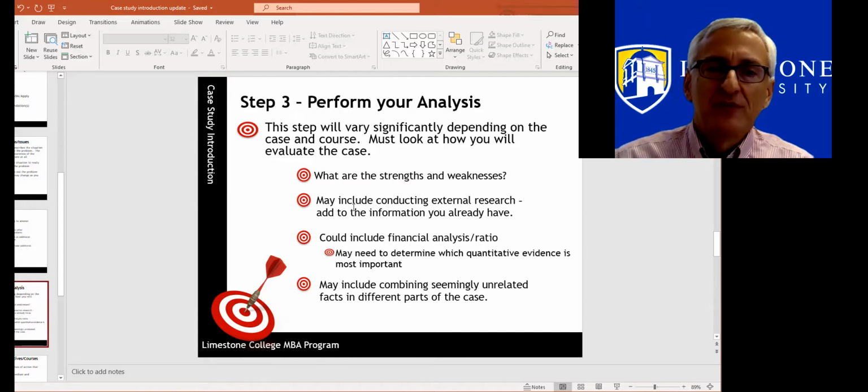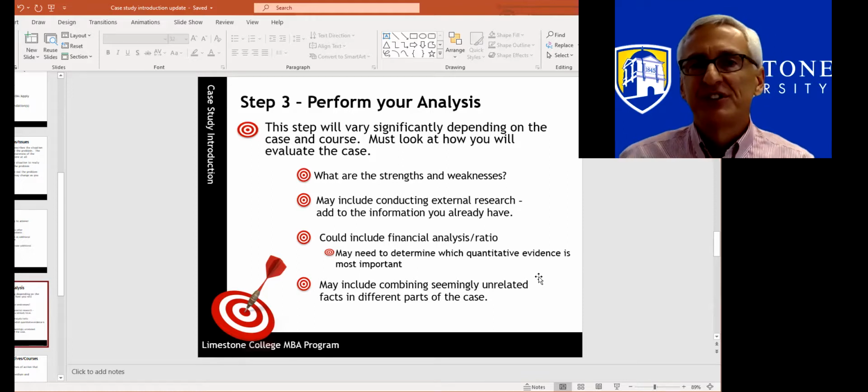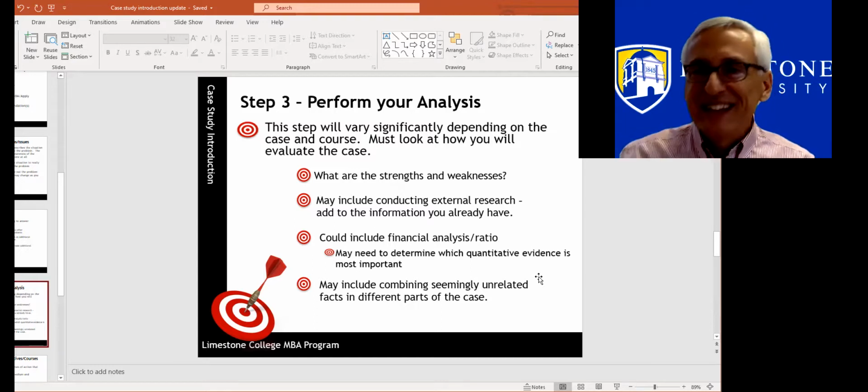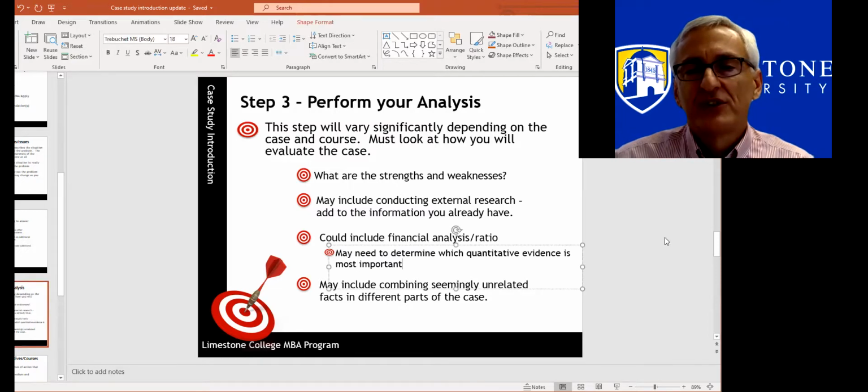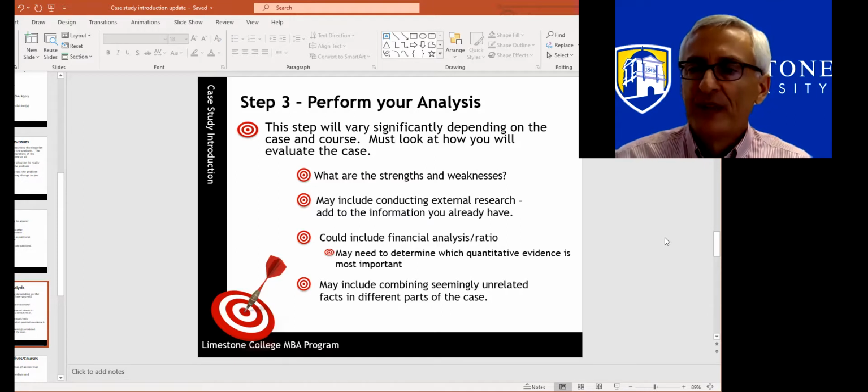Again, it might require some external research, meaning searches of that company, searches of what other companies in the industry are doing, things like that. The dreaded finance, that you have to make sure that your recommendation is implementable.